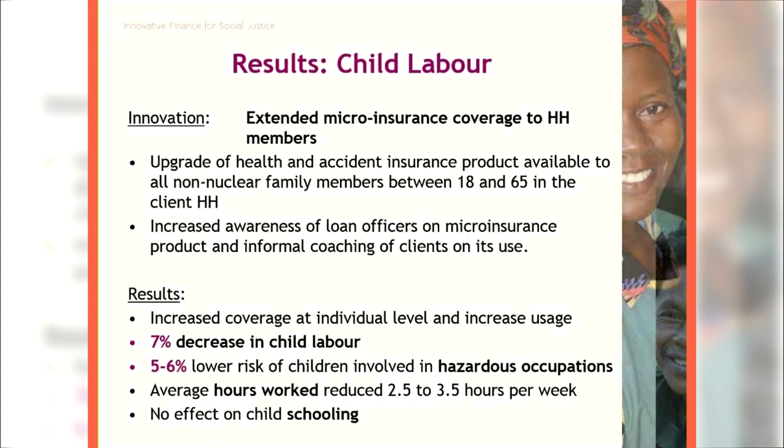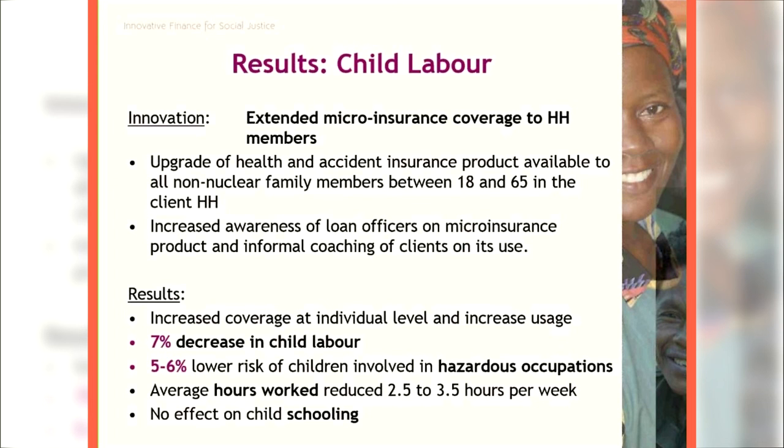On child labor, which is the example I already started hinting at, the institution extended microinsurance coverage to household members, and it was a health and accident insurance. We did not expect this tremendous effect.